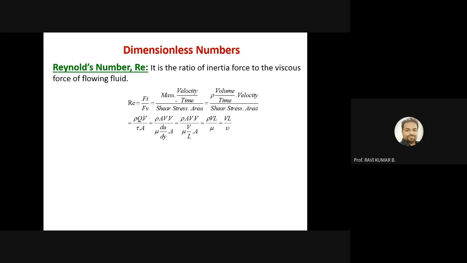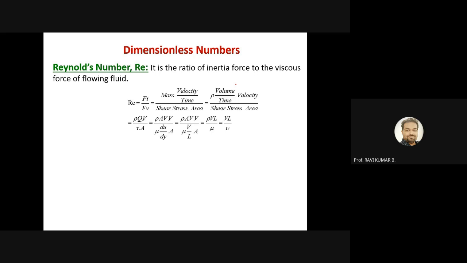This can be further modified, as density is equal to mass by volume, so mass can be written as density into volume. If you write density into volume in place of mass and take the time to the denominator with the volume, volume by time is basically the flow rate, the volume flow rate in meter cube per second, which is also known as discharge.